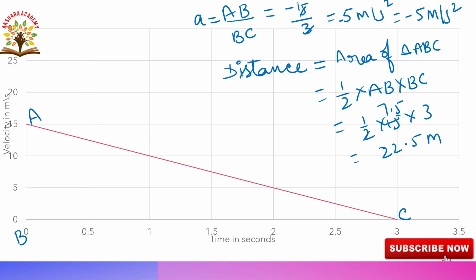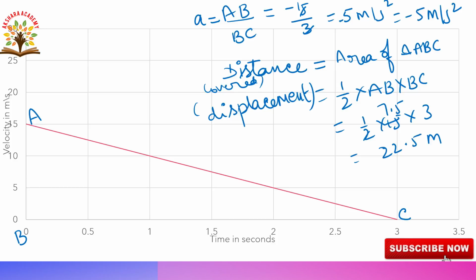So from this graph we calculated acceleration and distance covered, that is displacement. Distance covered in a specific direction is equal to displacement.